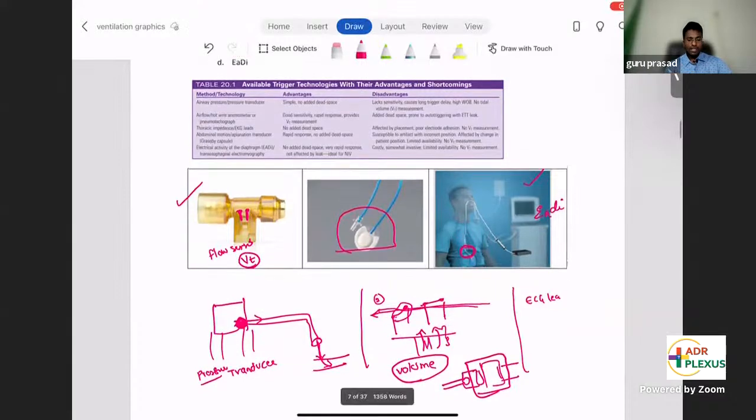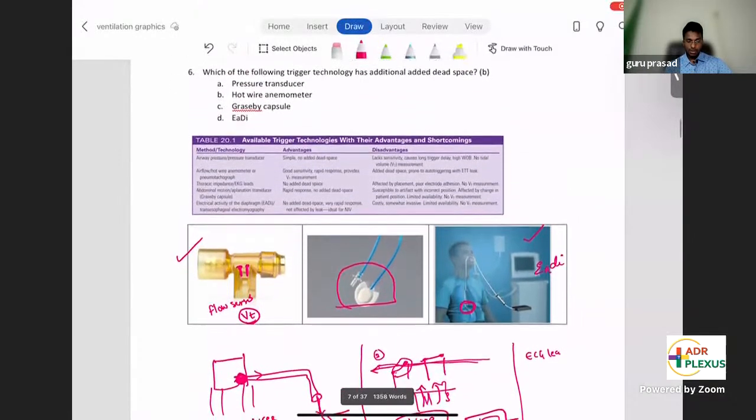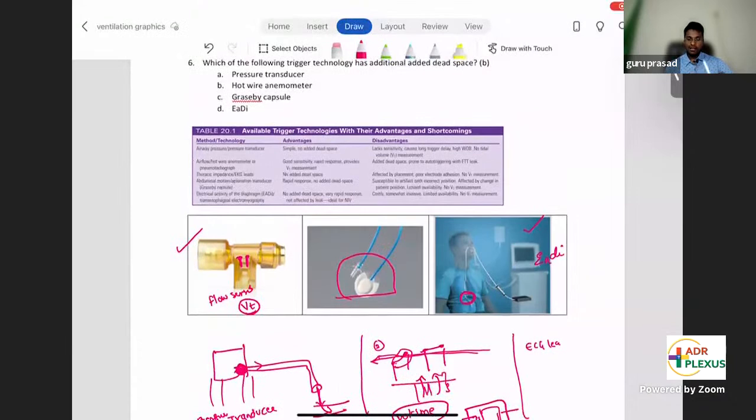So what are the MCQs that can be asked from this topic? They will ask which trigger technology will measure the tidal volume generated. That is the hot-wire anemometer or pneumotachograph. This is the only technology. Second, which technology is the best to date? It is the electrical activity of the diaphragm.